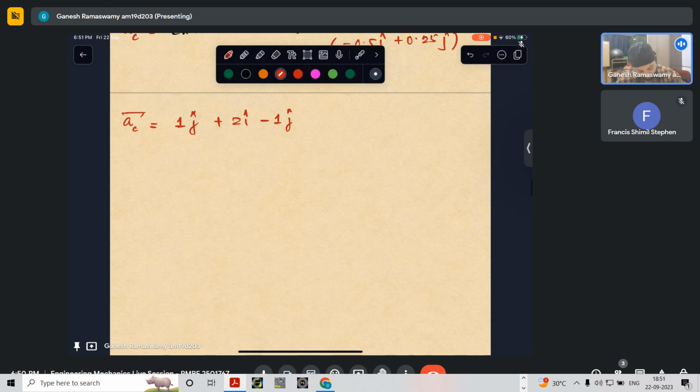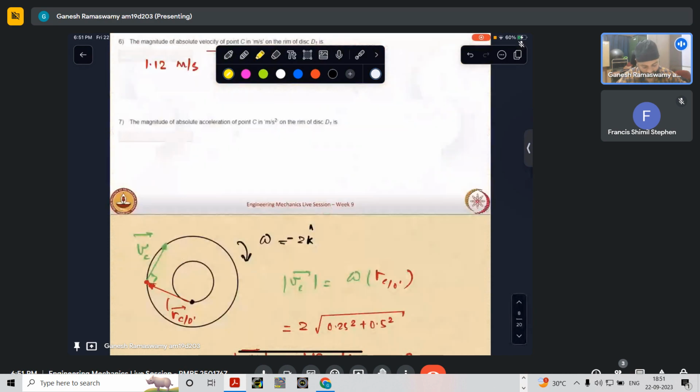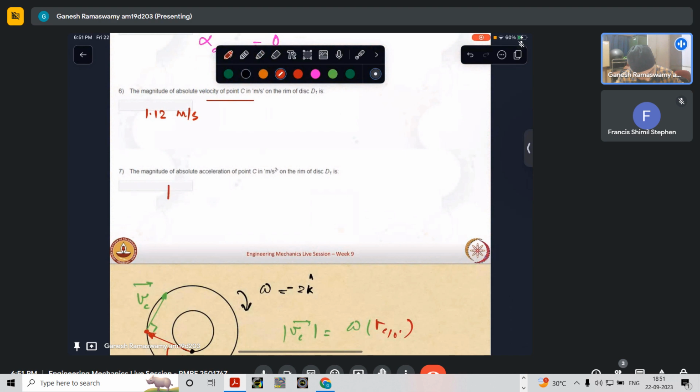So I can see these two cancel out, and then acceleration of c is nothing but 2 I cap. So the magnitude is 2. Magnitude of the acceleration of point c, the absolute acceleration of point c, is 2 meters per second square.